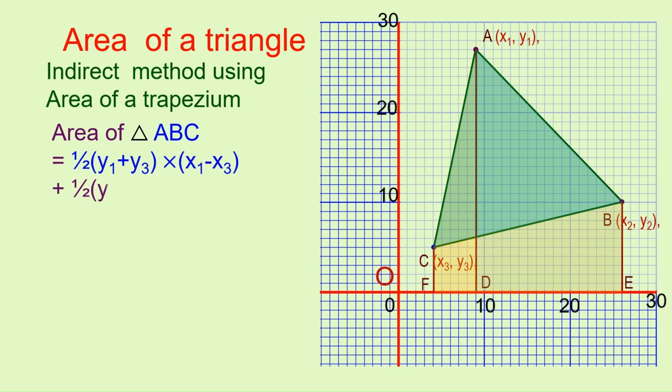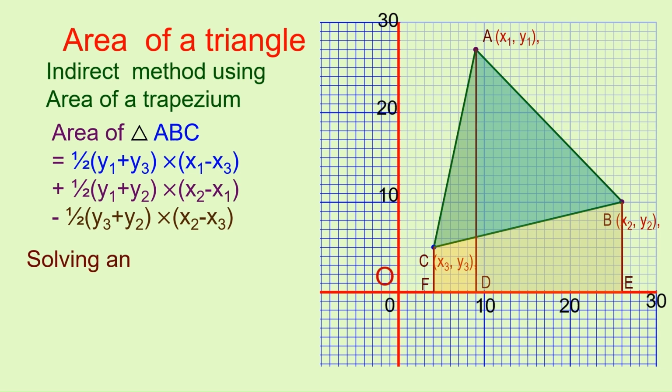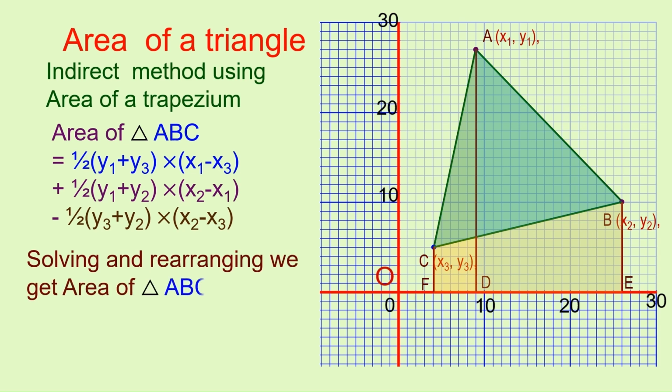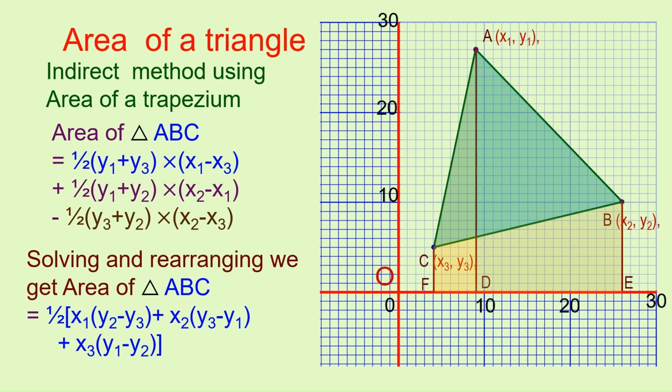Area of ABC equals 1/2 (y1 plus y3)(x1 minus x3) plus 1/2 (y1 plus y2)(x2 minus x1) minus 1/2 (y3 plus y2)(x2 minus x3). Solving and rearranging, we get area of ABC equals 1/2 times [x1 (y2 minus y3) plus x2 (y3 minus y1) plus x3 (y1 minus y2)].